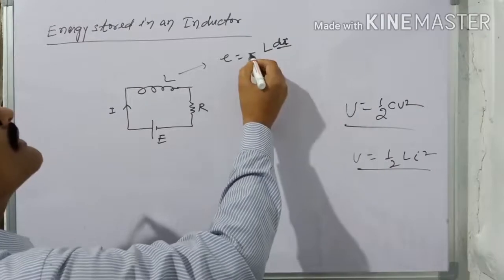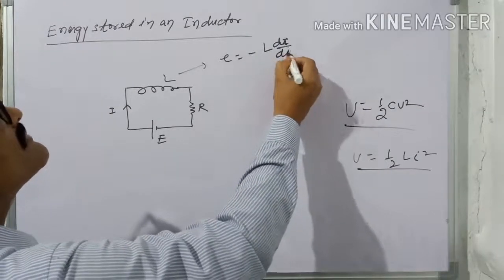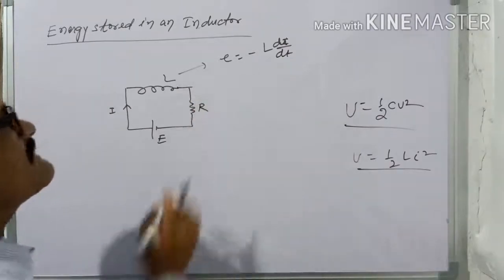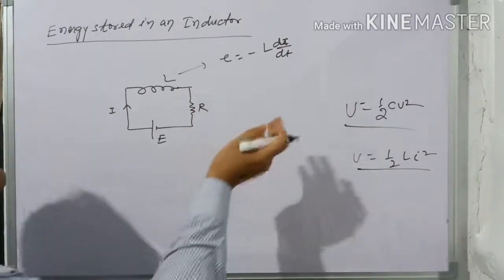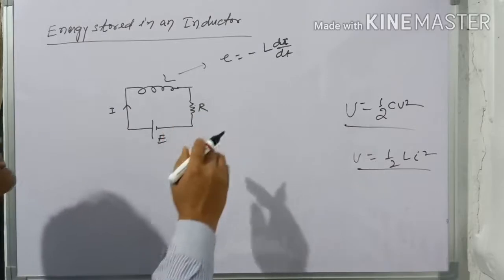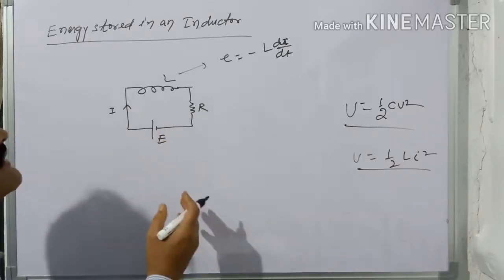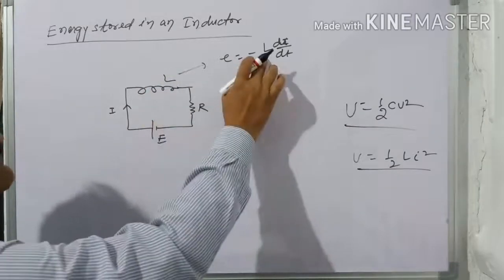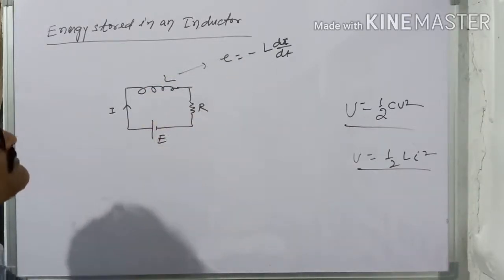EMF is equal to negative of L di by dt, which means it is the back EMF, and it will oppose the change of electric current. The cause of the electric current is this EMF, so this EMF is opposite to that EMF.